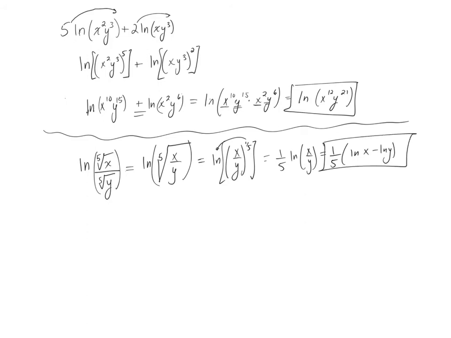And now we've taken a single log expression and broken it up into two separate log expressions. So again, that's just examples of how you can go both ways with logs, making a single expression expanded or an expanded expression condensed down to a single log.